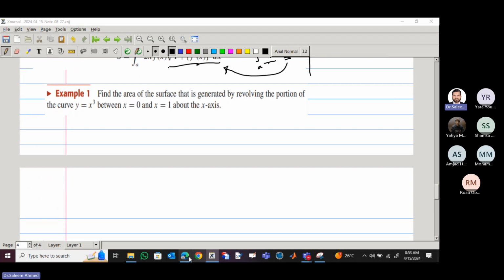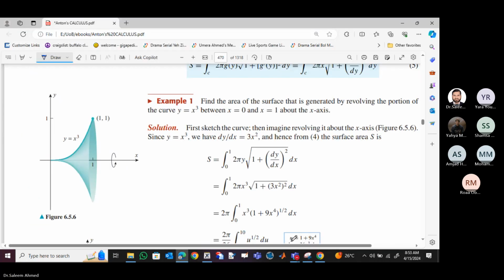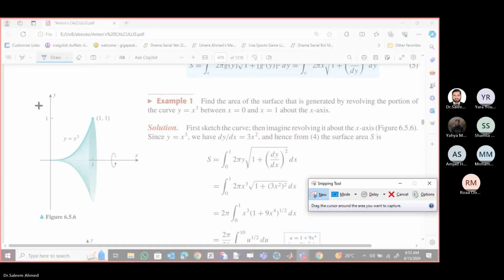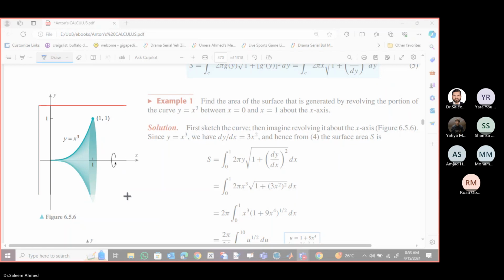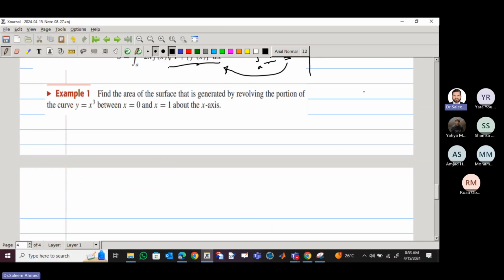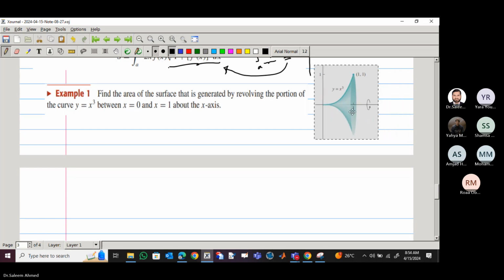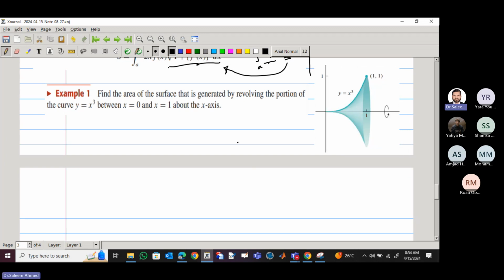If you want, you can copy this as well. It will give you a good sense. Right, so this is our graph.